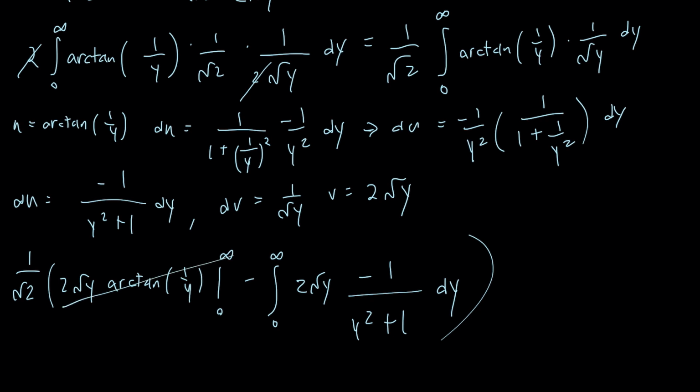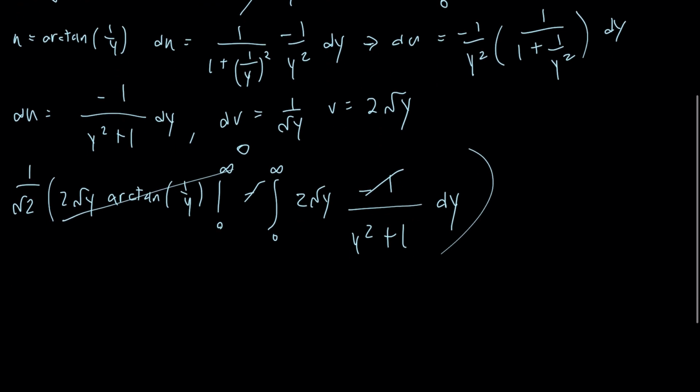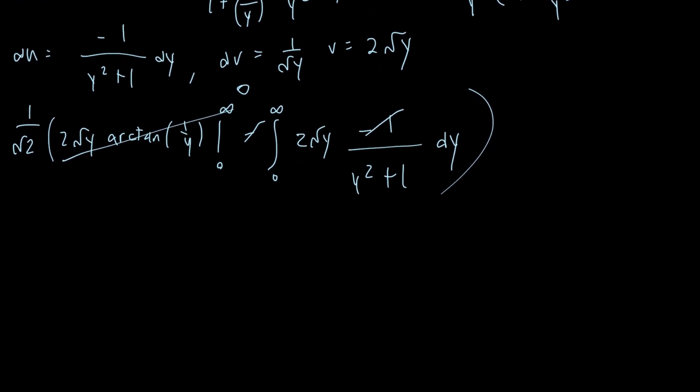This limit ends up being 0. These negatives cancel to a positive. We could bring down that 2 to the front, and we're going to have 2 over the square root of 2, and then the integral from 0 to infinity of y to the 1/2 divided by y squared plus 1 dy. And from here we'll make use of an identity.